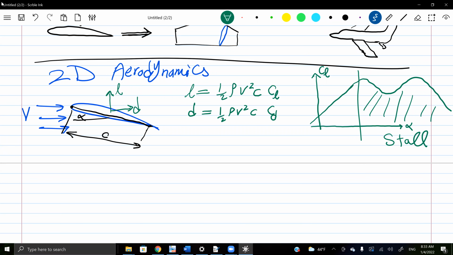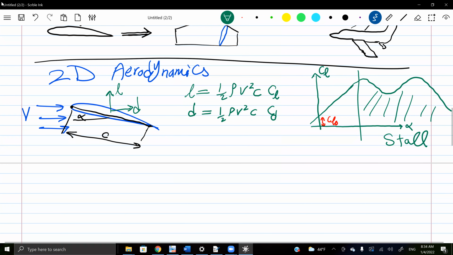Okay, we fly here in the small angle of attack regime. Everything is nice. The lift varies linearly with the angle of attack. So it's like a linear relation, A plus BX, where my X is the angle of attack alpha. So the A, we call it CL naught. So this distance, we call it CL naught.